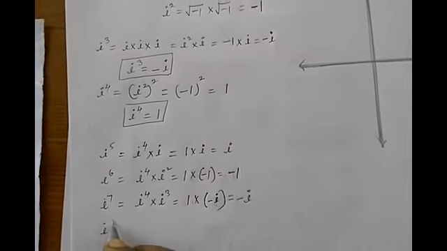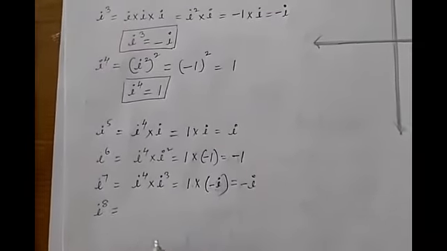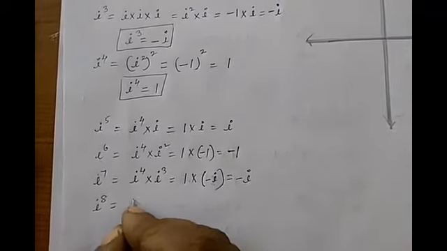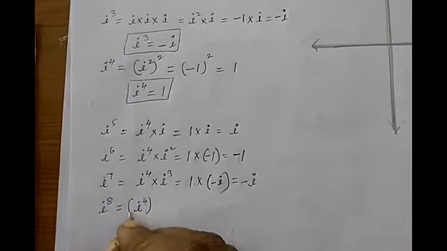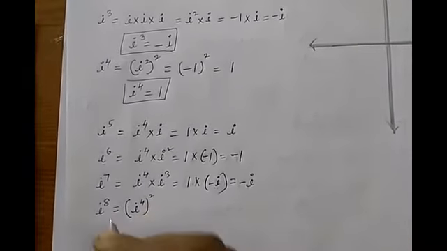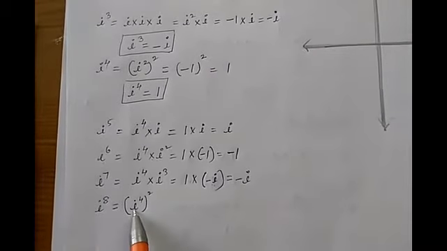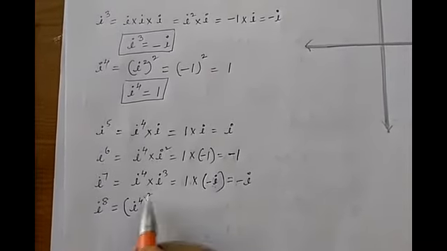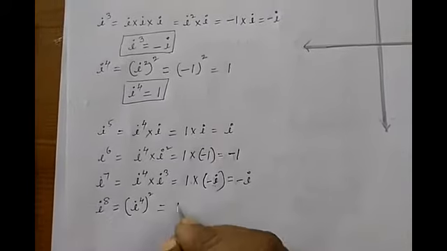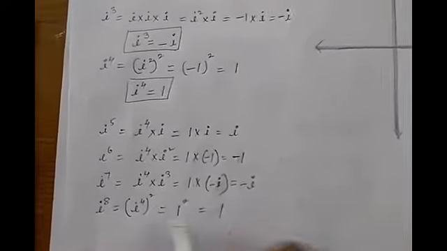Now i power 8 can be written as i power 4 in whole power 2. This gives i power 4 into 2, that means 1 squared, so 1.